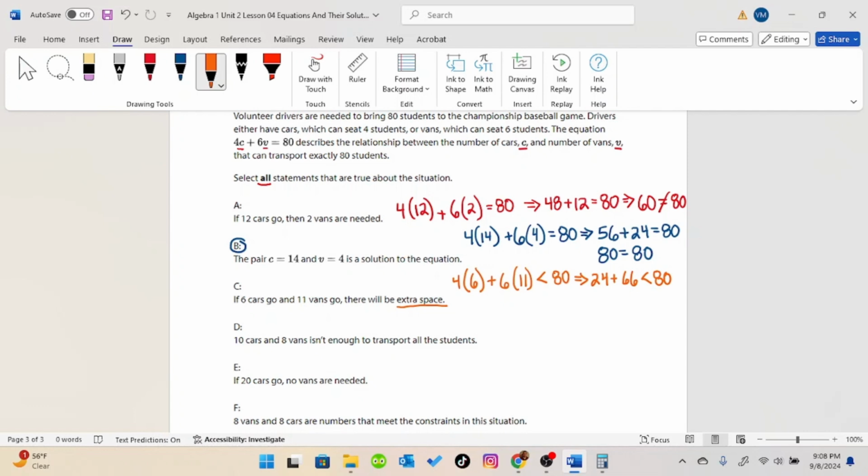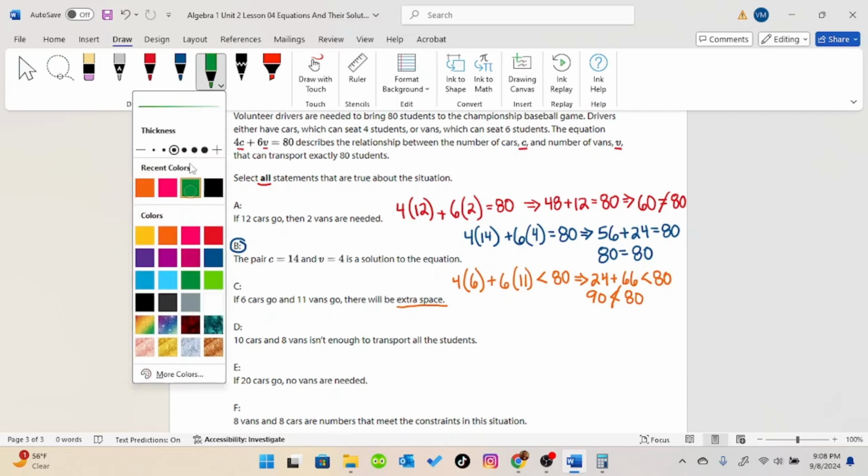And 24 plus 66 is 90. 90 is not less than 80, so C cannot be a correct solution.